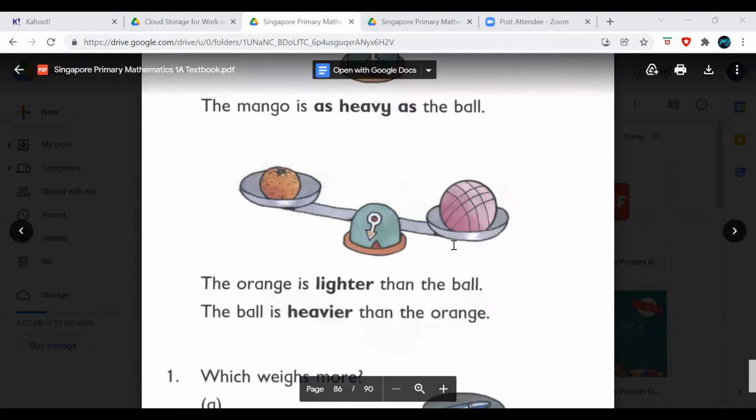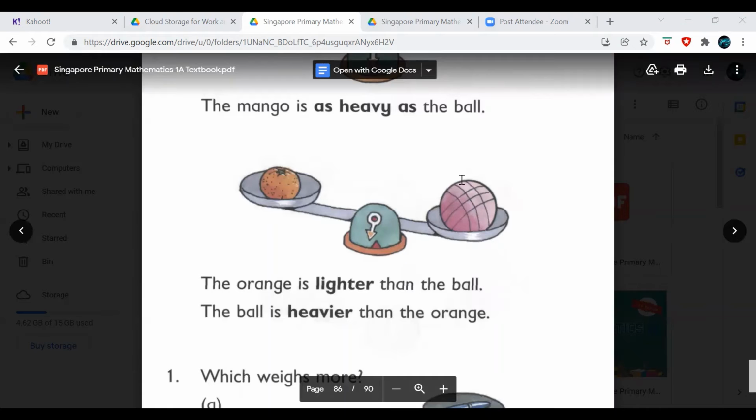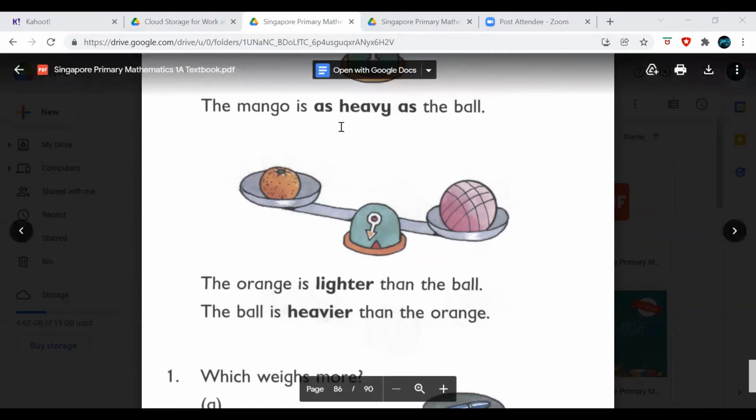So exactly what I just explained earlier. If the ball is heavier, then the scale is going to look like this. And if we put the ball on the other side where the orange is, then it's going to tilt the other way, something like that.